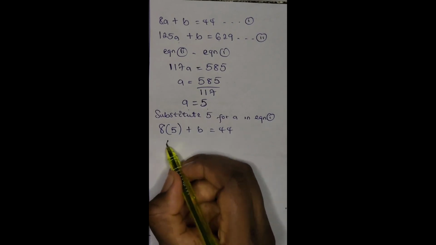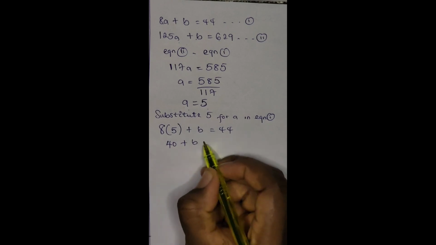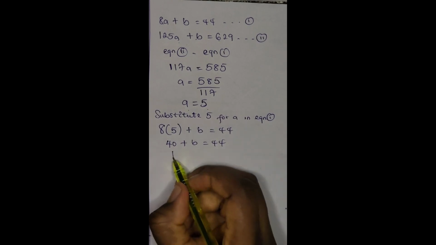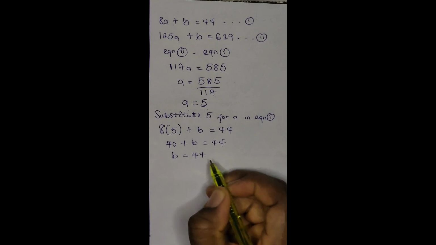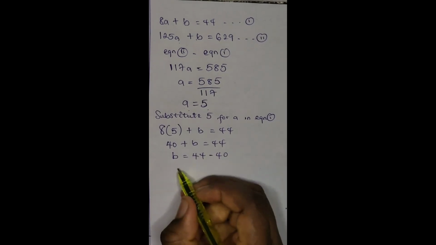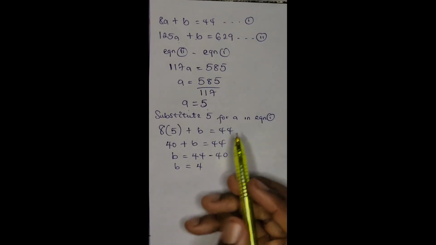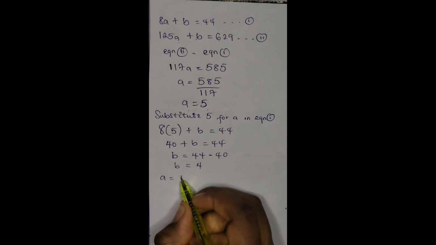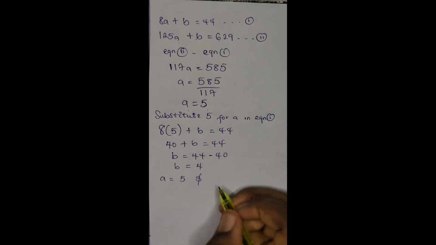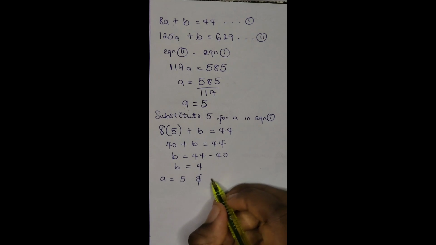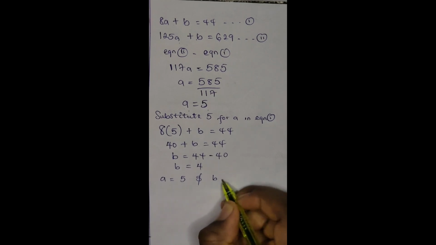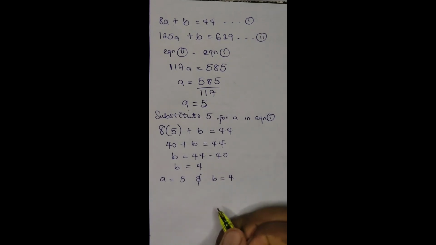Yes. 40 plus b equal to 44. So b is equal to 44 minus 40. b is equal to 4. So we've gotten our two constants as a equal to 5 and b equal to 4.